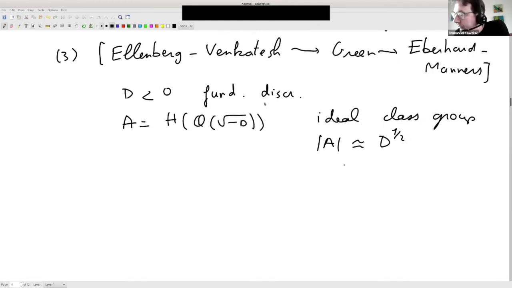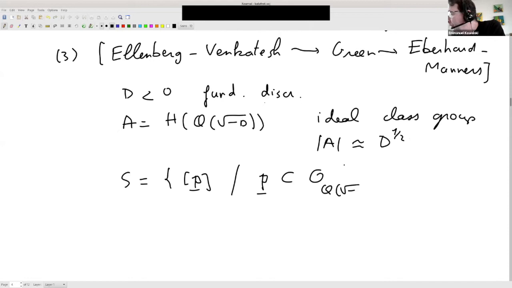And you take as Sidon set the prime ideals, so the ideal classes which are represented by a prime ideal of norm, let's say, strictly less than D to the 1/4 in absolute value.